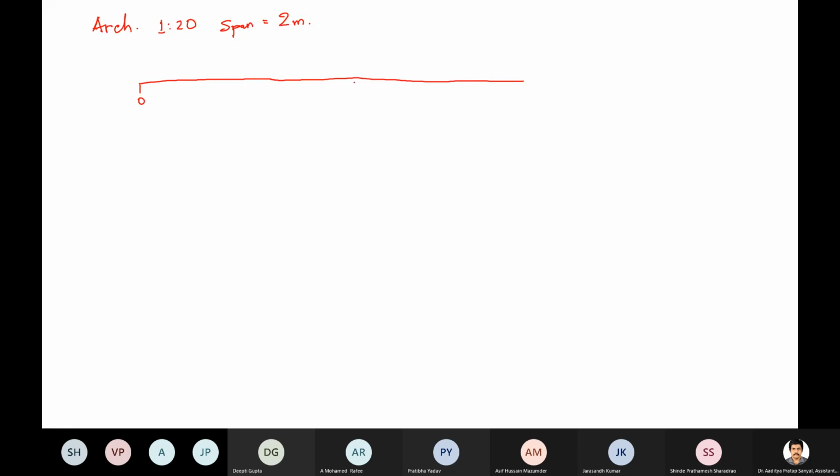And this probably is 1. And this probably is 2. I'm talking about 1:20 scale. Does it look proportional or not?